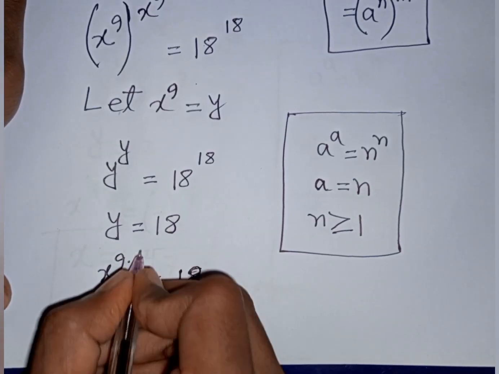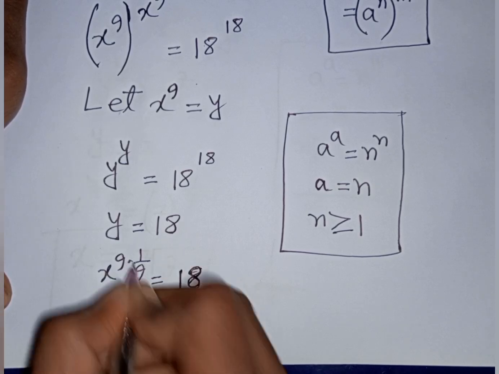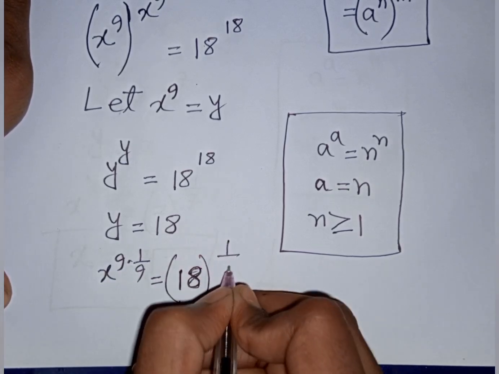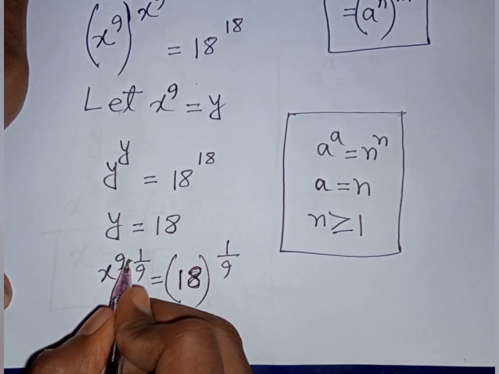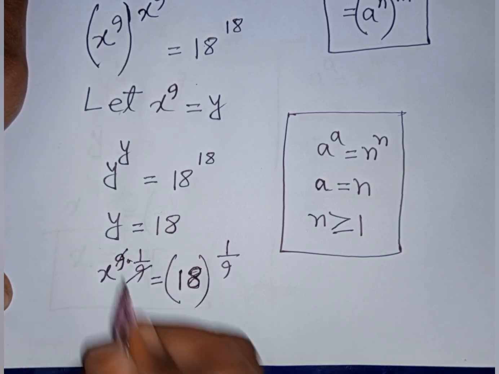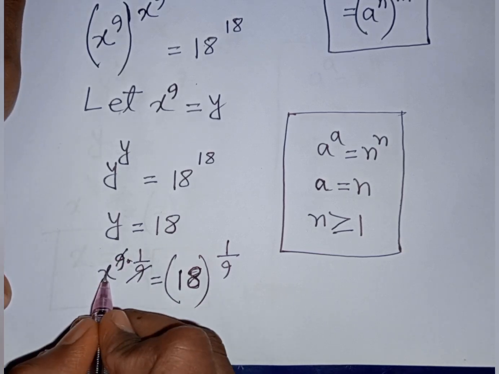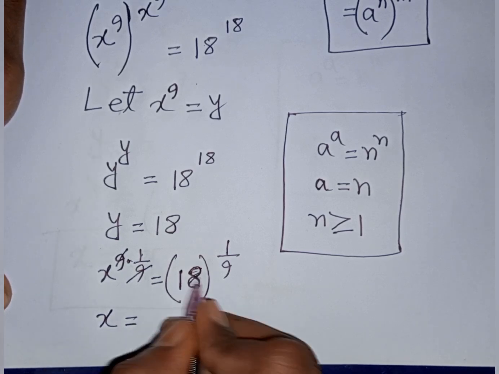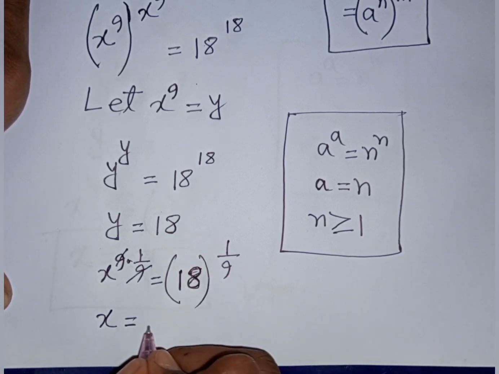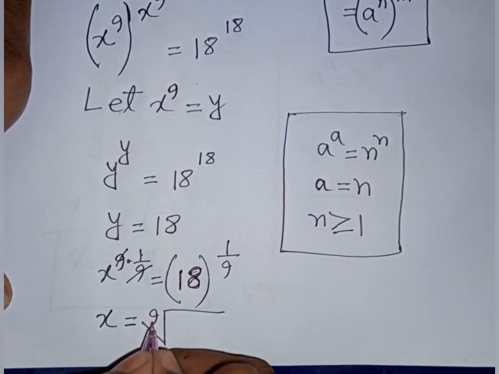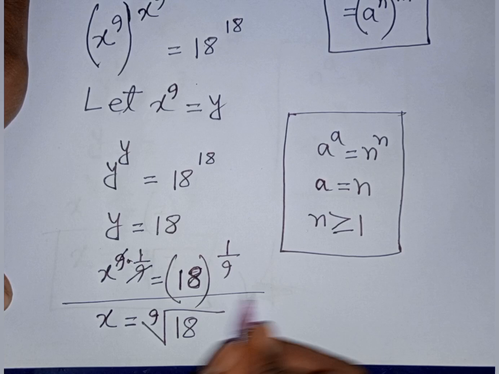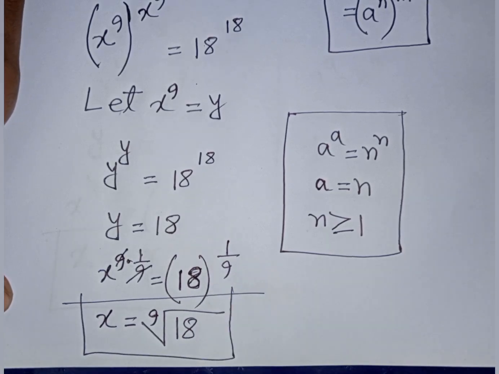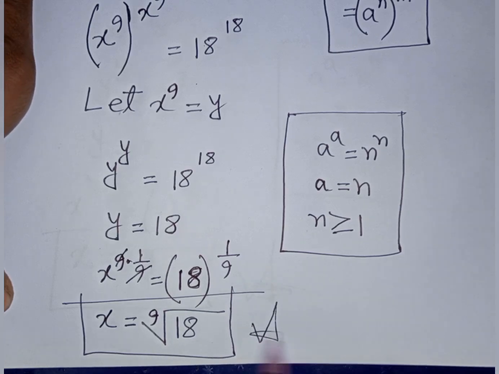So this 9 will be cancelled. So we have x power 1, same as x, is equal to 18 power of 1/9, which can be written as 9th root of 18. So 9th root of 18, this is the value of x, so this is our final answer.